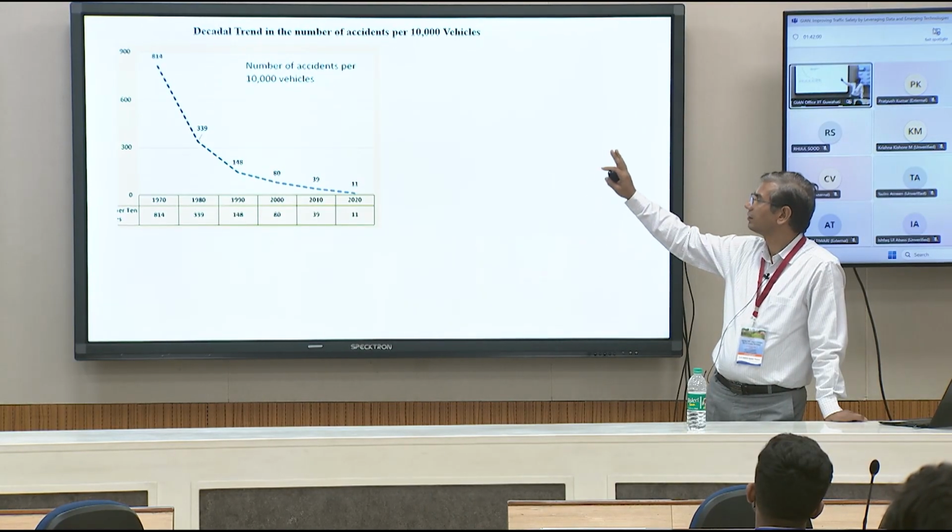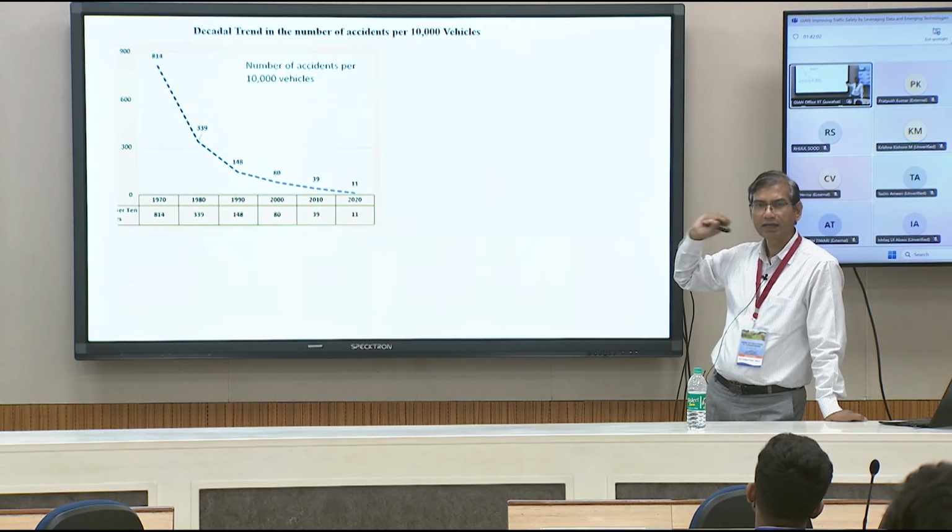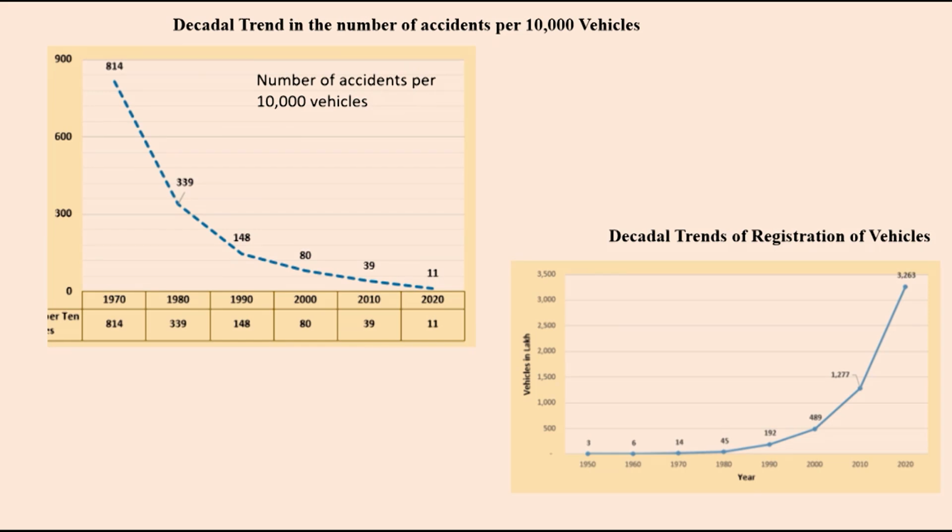Here it is accidents divided by vehicles. If you see the vehicle growth rate, vehicle growth is exponential. The number of vehicles increases so much that this statistic is going down. So once you see any statistic, you need to think twice or thrice before becoming happy.